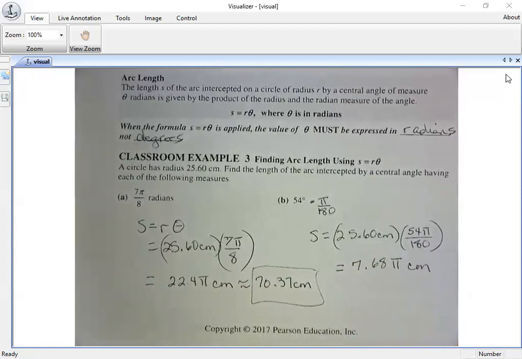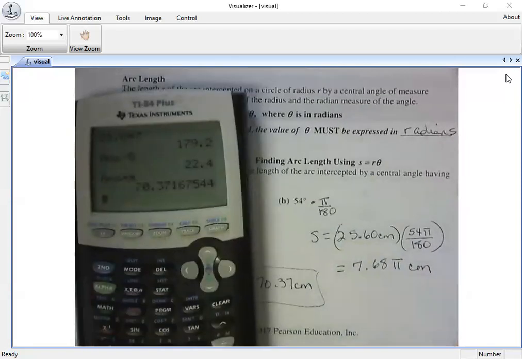Let's see if we come up with that together. 25.6 times 54, and then we're going to divide that by 180. And yes, I'm getting 7.68 times pi. So to get the decimal approximation, multiply that times pi from the calculator, and we would tell somebody that's about how much? 24.13 centimeters.